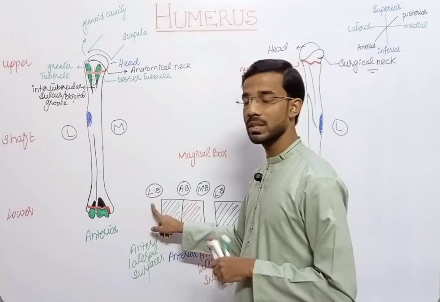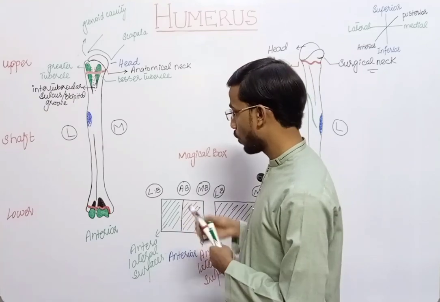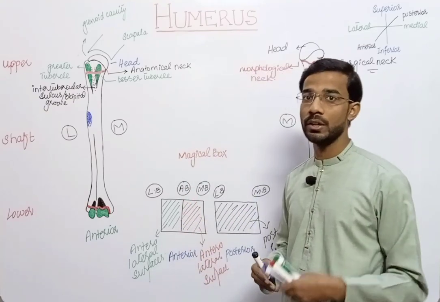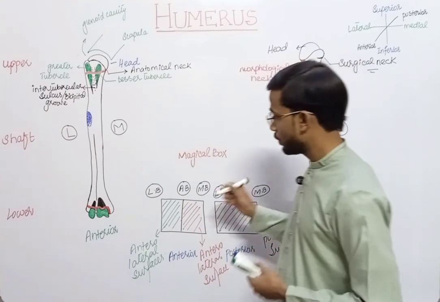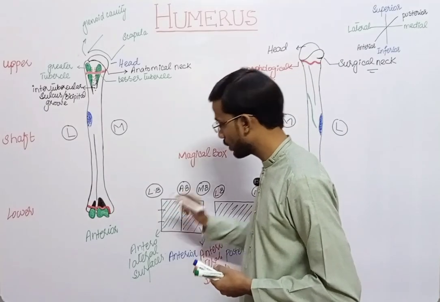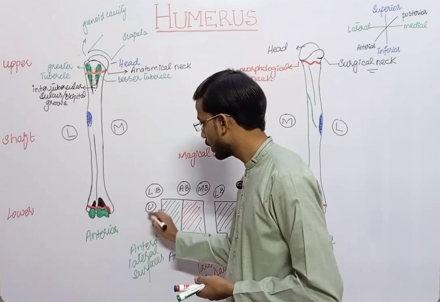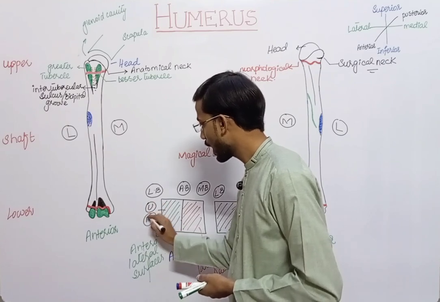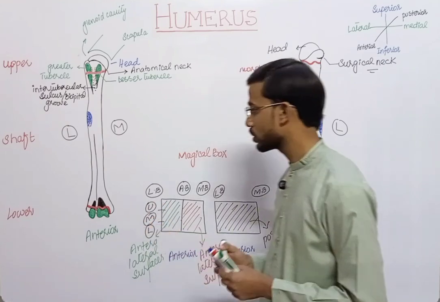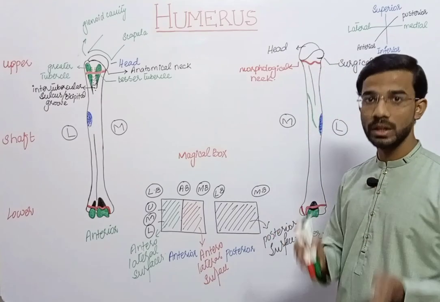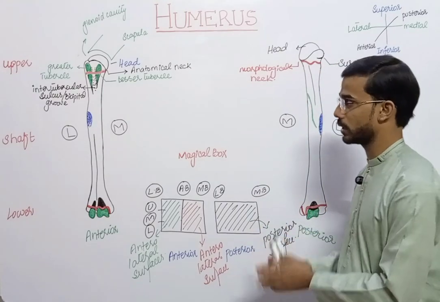First of all, we will discuss the lateral border. We will further divide the lateral border into three components: upper portion, middle portion, and the lower portion. So these are basically the three portions of the lateral border.